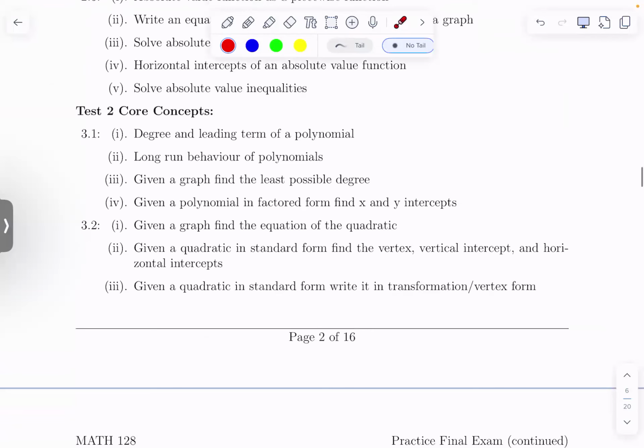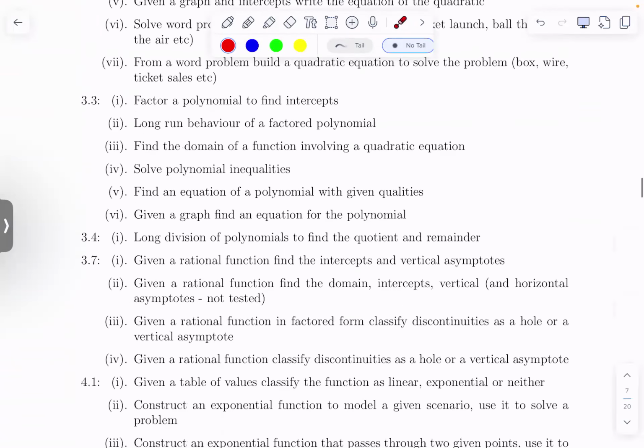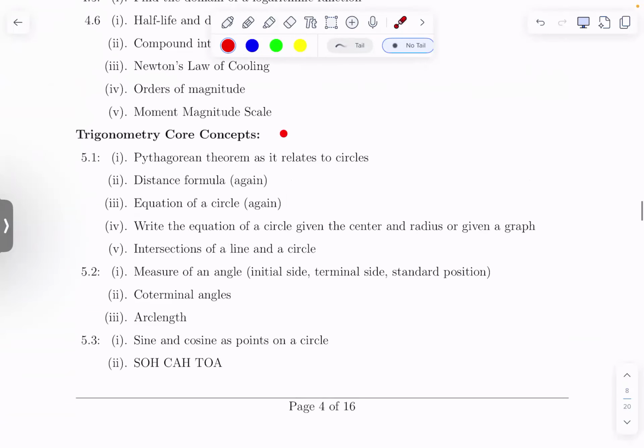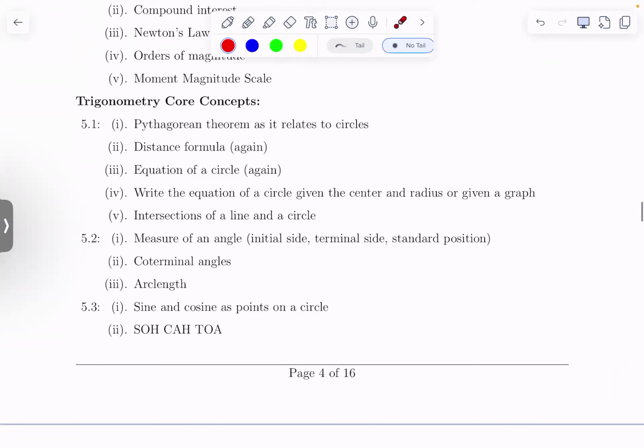Then test 2 core concepts. And of course, trigonometry core concepts. The Pythagorean theorem, the distance formula. So this is where calculating the distance between 2 points and finding the equation of a circle are going to come into play.